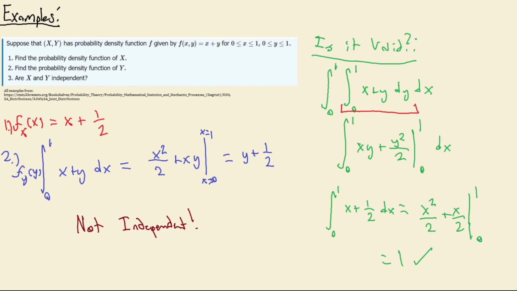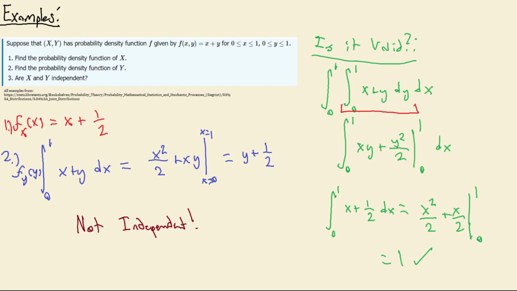So if the product of the marginals gives you the joint PDF, then you know that these are two independent events, but in a situation like this, the product of the marginals does not equal the joint probability density function, and so we know that these are two dependent events.